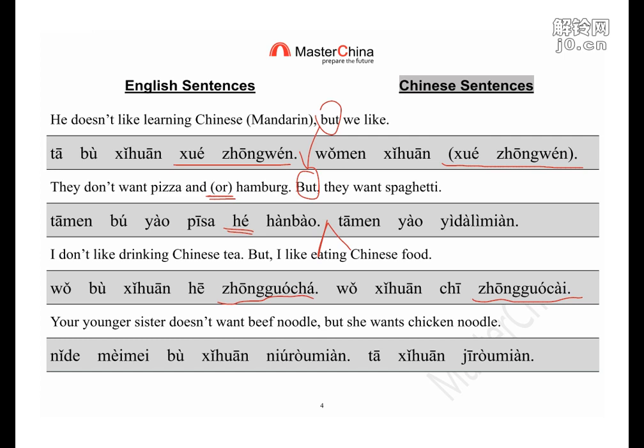So next one is 你的妹妹不喜欢牛肉面，她喜欢鸡肉面。I think until this sentence, you already understand all the details of the structure of the negative sentence, right? Good. Now, I show you another negative word.